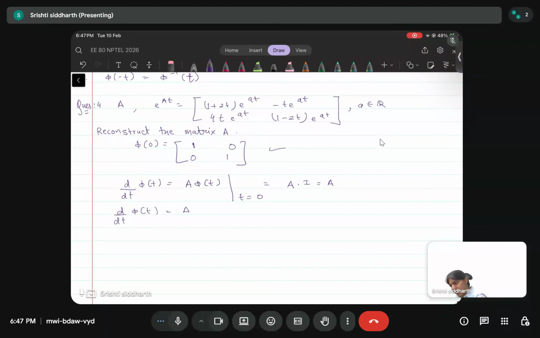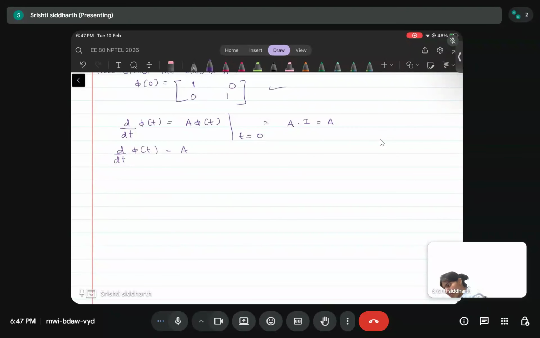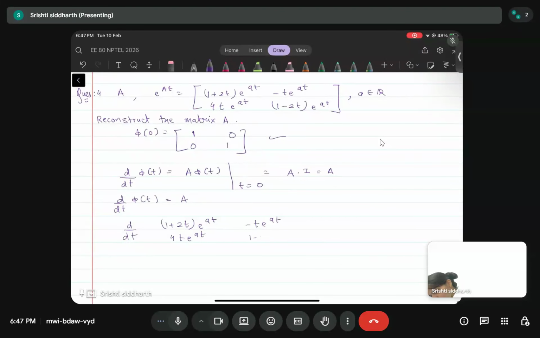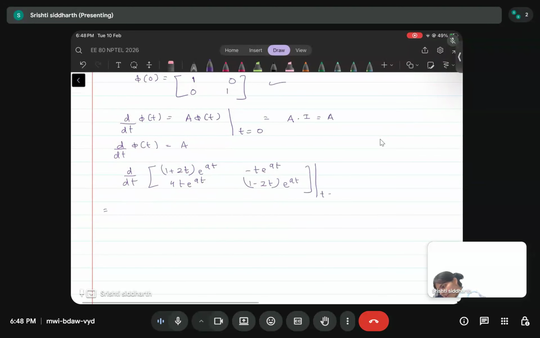So this is equal to A. Let's compute the derivative of this matrix and then compute it at t equals 0.